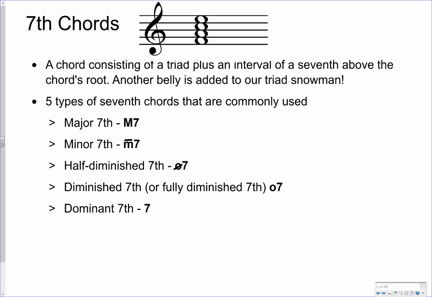And they are the major 7th, note the abbreviation, capital M7, the minor 7th chord, lowercase m, with the line please, followed by a 7. Then we have the half diminished 7th, which is a circle with a slash through it representing half diminished, and then the number 7.